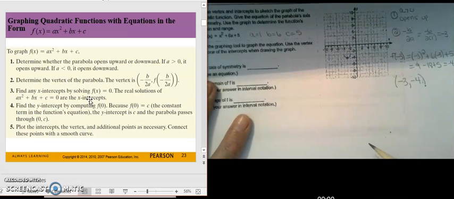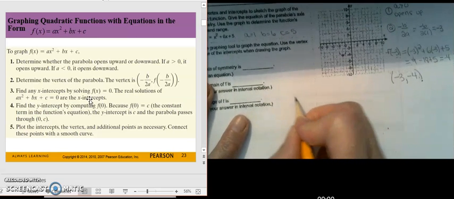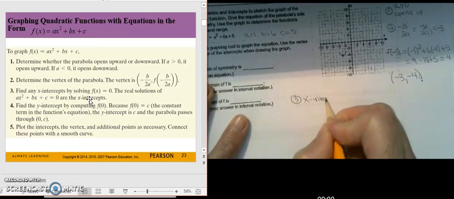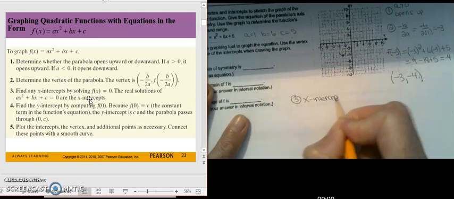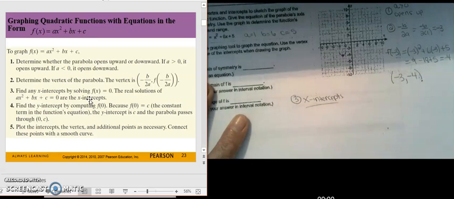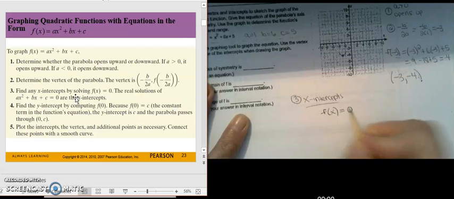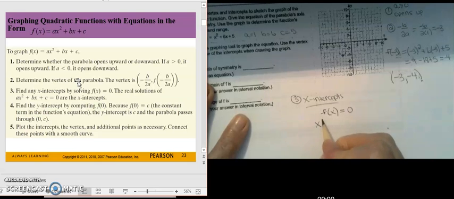So this is like step 3, find the x-intercepts. And the way I do that is I set f of x equals 0. So I get x squared plus 6x plus 5 is equal to 0.